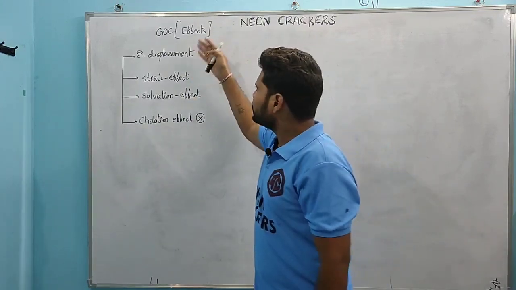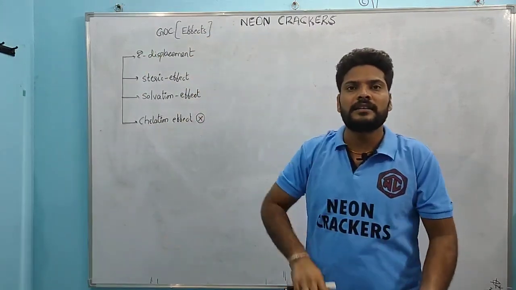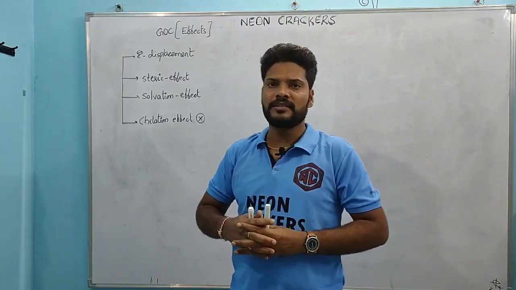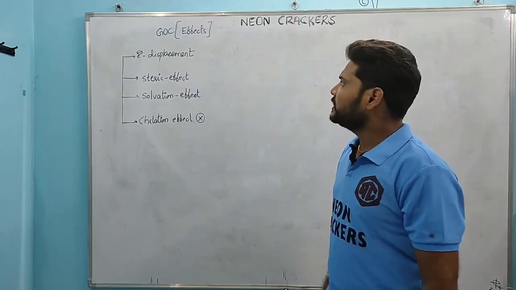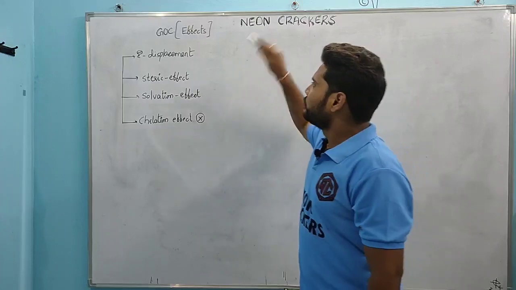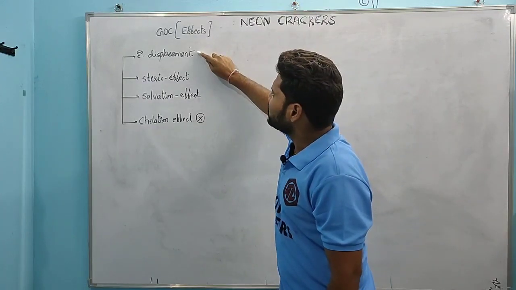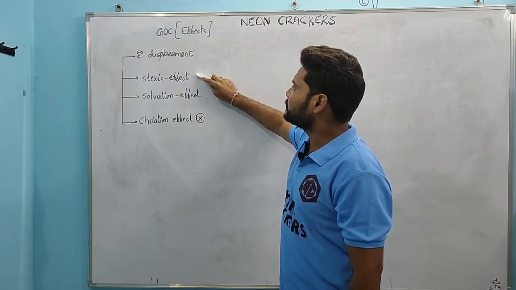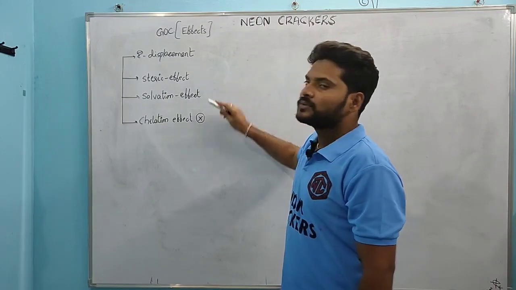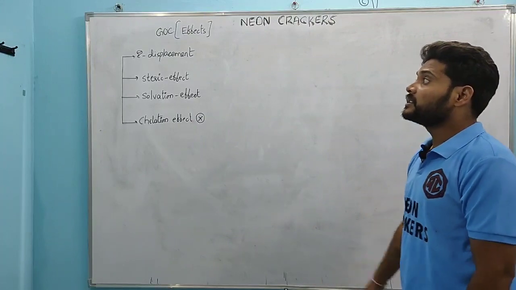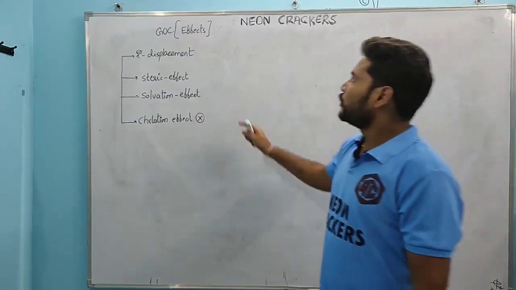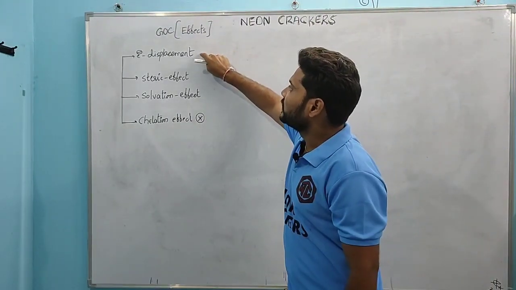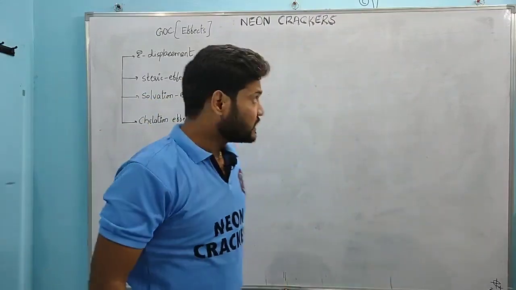Based on those effects alone we try to find the trend of acidic nature, basic nature, carbocation stability, but that is absolutely wrong. We must consider all the factors: electronic displacement, steric effect, and solvation effect. Considering only one point is absolutely wrong. So let's see one by one.